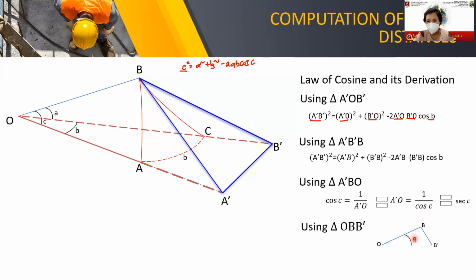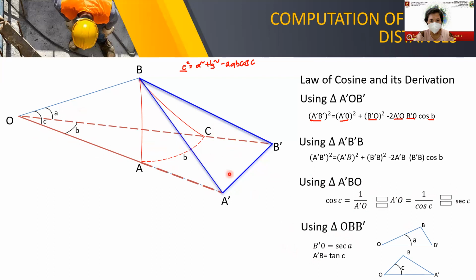So if this is angle B, we can determine that your B prime O, this is B prime to O. Since similar lang siya kay A prime to O, so similar, so secant A. Since yung ating A prime to O ay secant C, since angle C dito, and din sa likod ay A, so secant A.